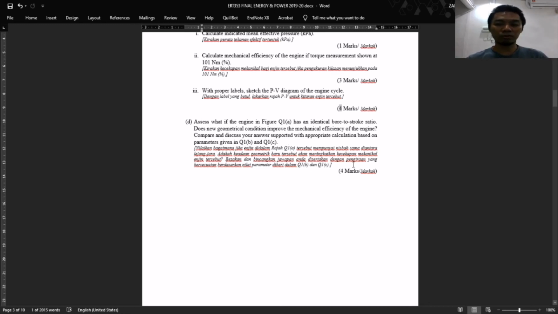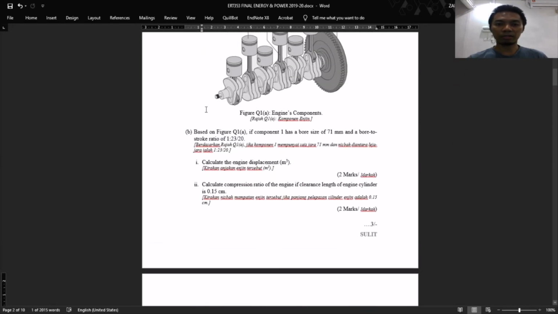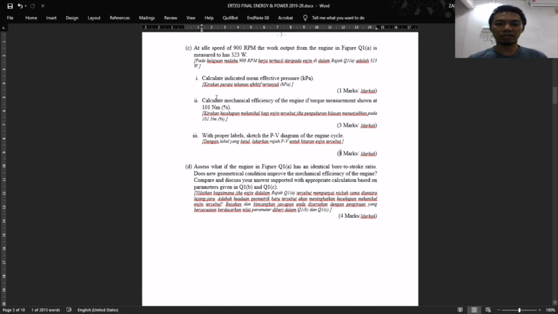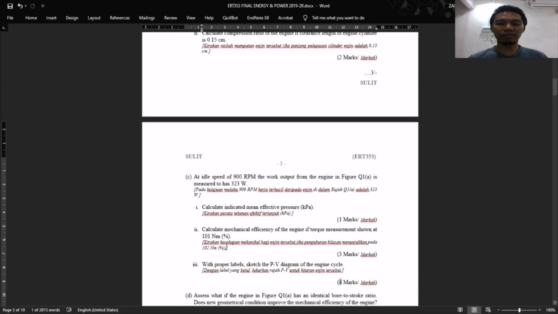So you can use all this information here. You already have a mechanical efficiency from there.